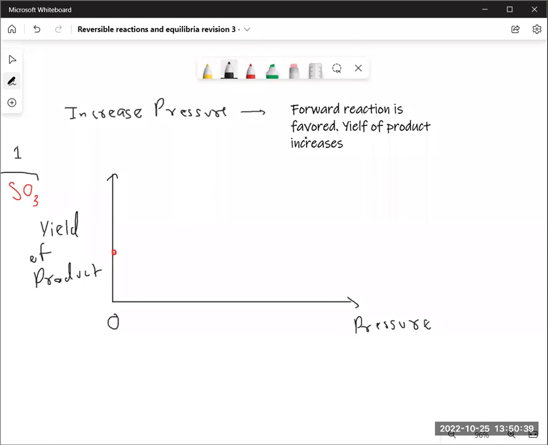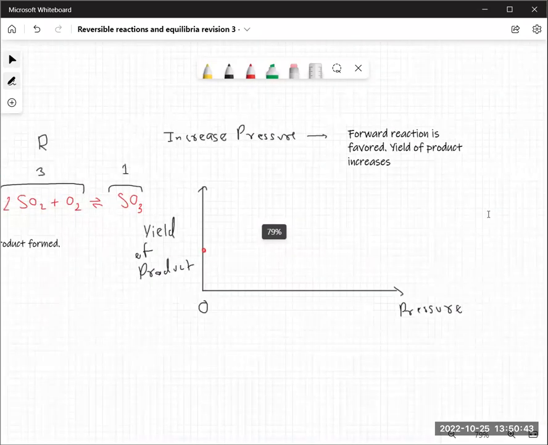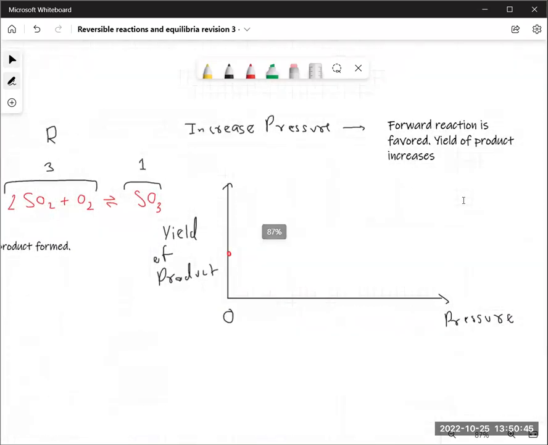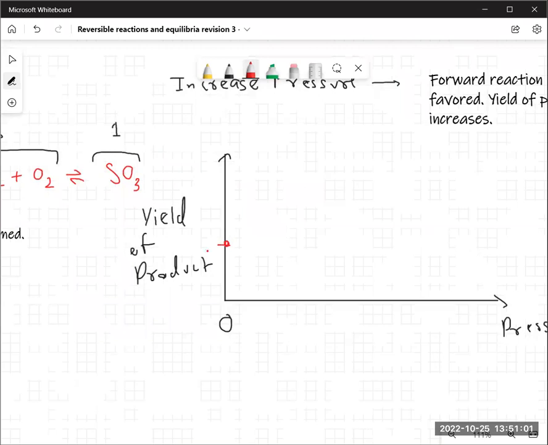Increasing pressure increases, so the forward reaction is favored. And if the forward reaction is favored, what will happen to the yield of the forward reaction? It will increase. So if I increase pressure, let's say at 0 the yield was 10.